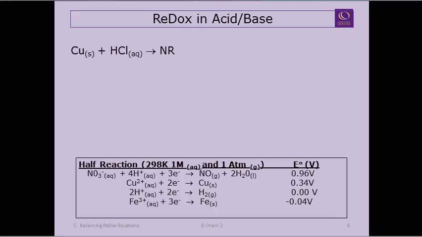So here's an example. If I put copper in aqueous HCl, there would actually be no reaction. And if we look at our half reduction table, we see why that is, because basically what we're wanting to do is take copper and oxidize it to copper 2 plus.